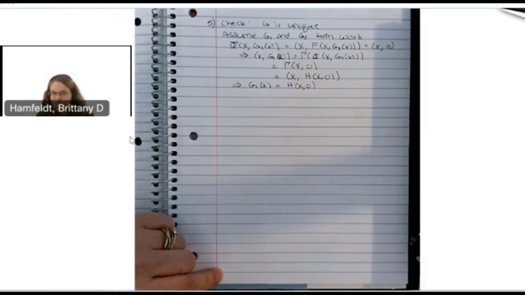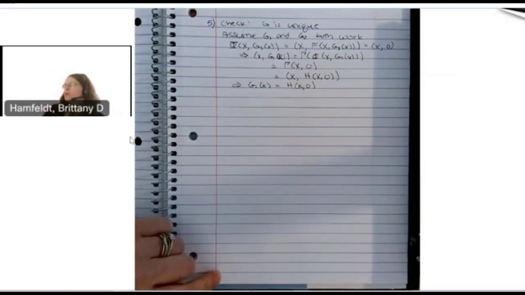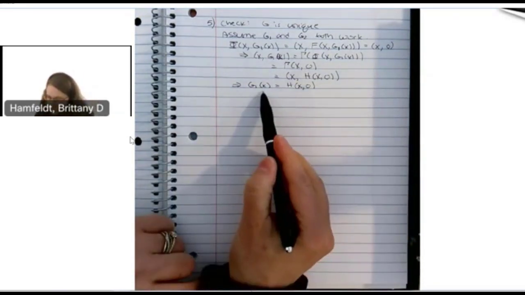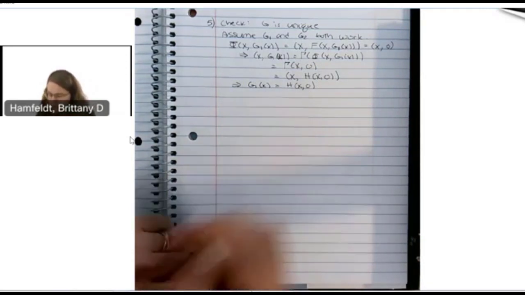There's no other option here. Okay. So before we just said h of x, 0 is a candidate that we think is going to accomplish what we want. Now we've just said actually h is the only thing that accomplishes what we want.